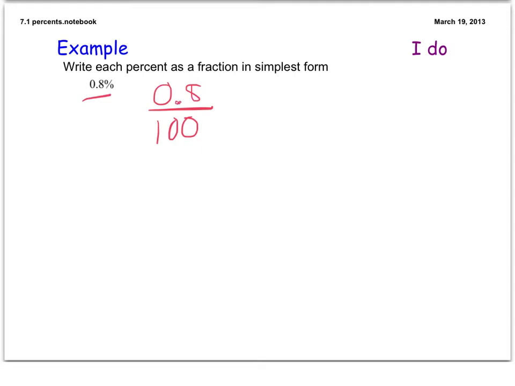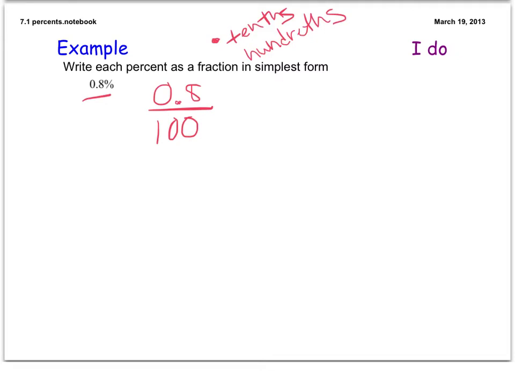So I can't have that. So how do I get rid of that decimal? Well, you remember after the decimal we've got tenths, then we've got hundredths, and thousandths, and so on.